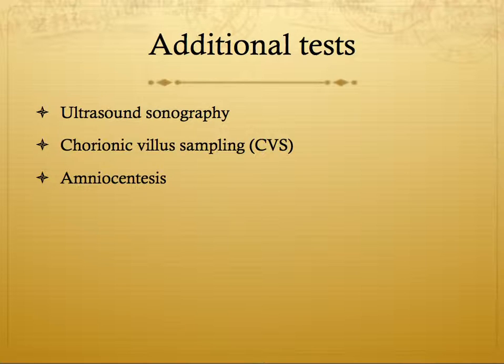In this, a thin needle is placed into the placenta to take a sample of cells of material surrounding the embryo. Now, unlike ultrasound, which has, to our knowledge, no risk of miscarriage, CVS carries with it a 1 in 100 to 1 in 200 chance of miscarriage.